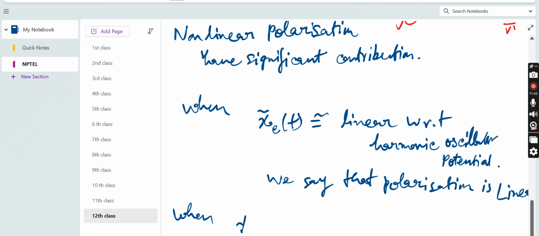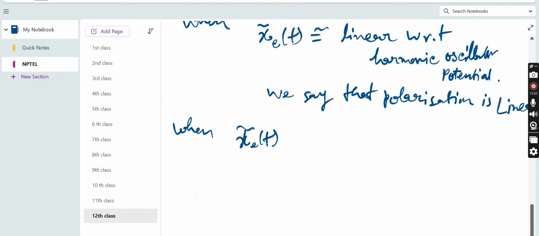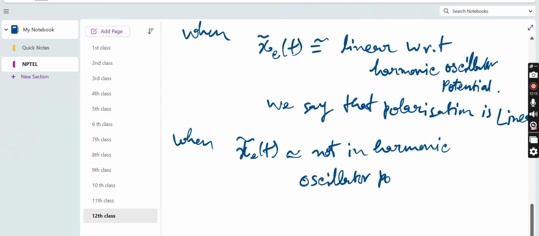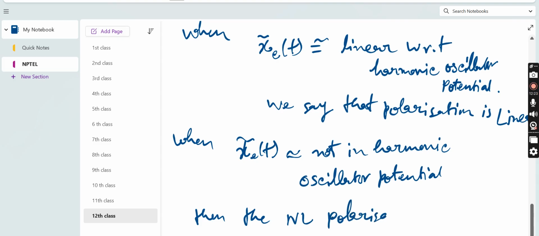And when this displacement of the electron, when it interacts with the wave, diverges from the harmonic oscillator potential, then the nonlinear polarization is non-negligible.